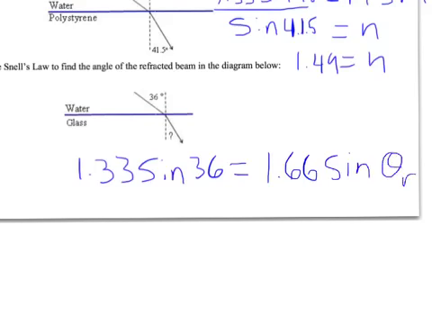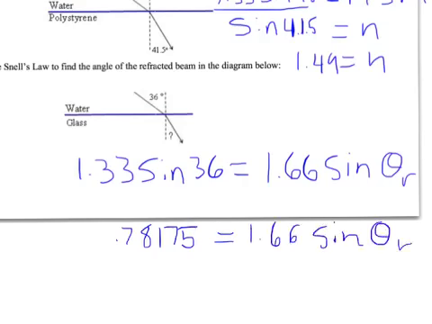So what I need to do now is turn this into a number. If I multiply 1.33 times the sine of 36, what I get is 0.78175, and that equals 1.66 times the sine of the angle of refraction.